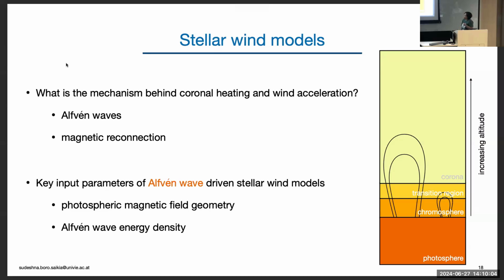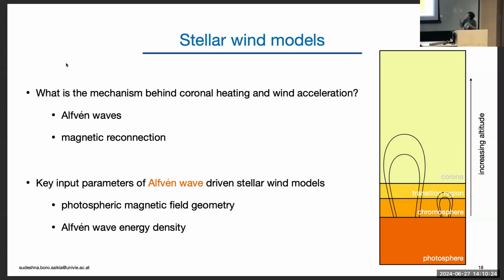I just want to mention two interesting parameters that we actually have observations for. One is the photospheric magnetic field geometry, and the other is the Alfvén wave energy density. The magnetic field geometry is a bit obvious because we talked about it today in the previous sessions and in the plenary.